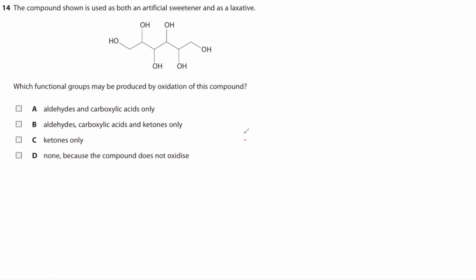So here we have an OH group. OH here, CH2, is a primary alcohol. OH here, H is a secondary alcohol. OH here, secondary alcohol. OH, H, secondary alcohol.